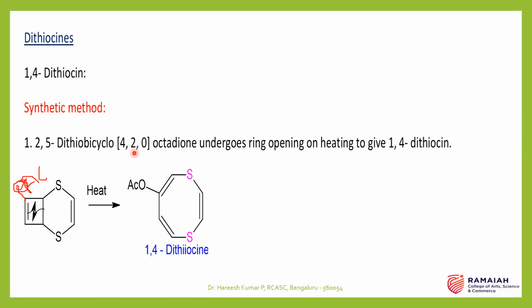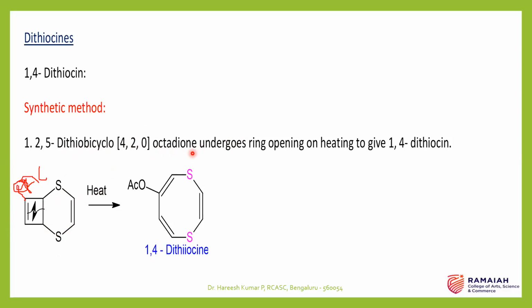And 4, what does it mean? This is 1 carbon, 2, 3, 4, and this is 2, and 0 means there is no other carbon here, no bridge. So that is the reason. It's the IUPAC name of this compound: 1 acetoxy, dithio, bicyclo. 4 means this side, 2 means this side, 0 means there is no carbon here.